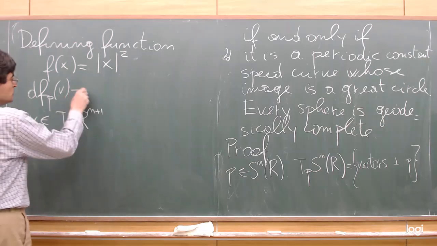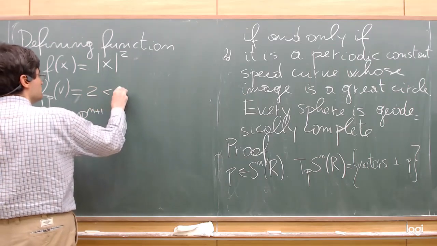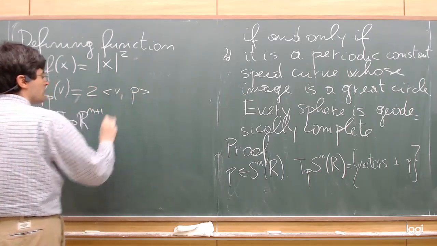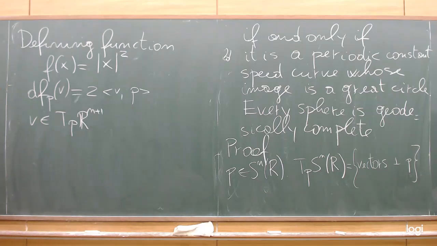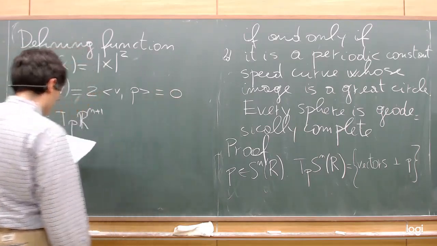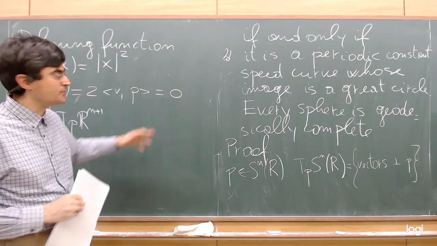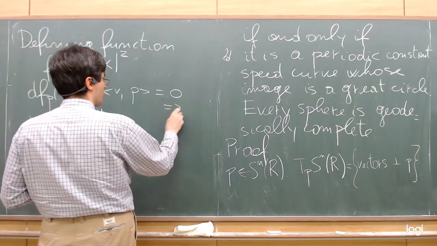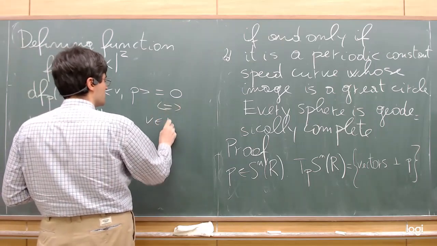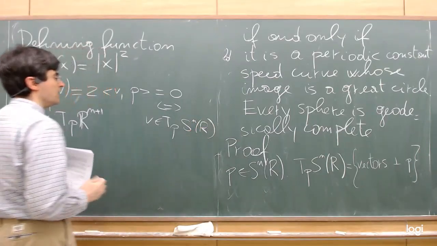It's possible to prove that this differential is 2 times this inner product, and this is 0 if and only if V lives in T_P S^n_R.